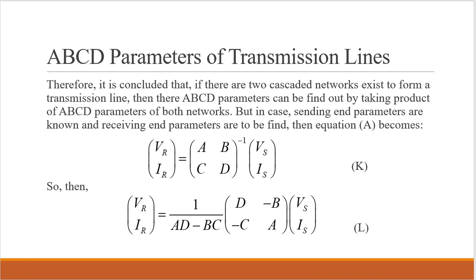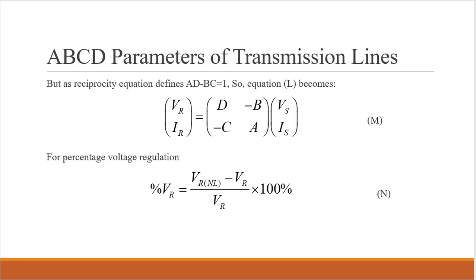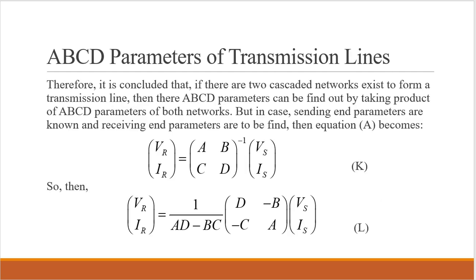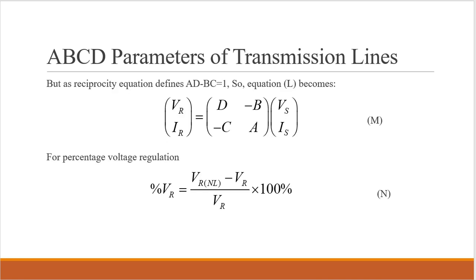Here I have multiplied this term, and in the end I have multiplied this inverse with the sending end voltage and current, written in the form of a matrix. After solving this whole equation we have obtained this result. This is because we have supposed it is a reciprocal network.